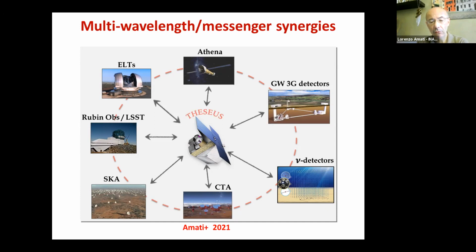It is important to stress that all these facilities have gamma ray bursts, high energy transients, multi-messenger astrophysics, and cosmology with gamma ray bursts in their core program, in their core science. So a machine like Theseus or a similar mission is of course needed by these facilities to fully exploit their scientific capabilities.